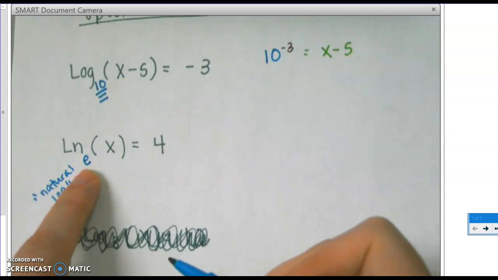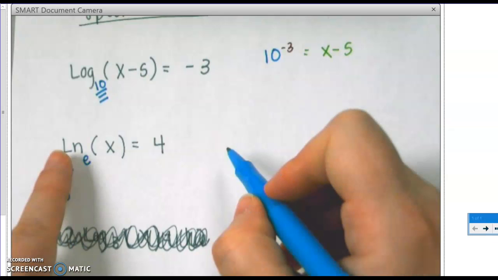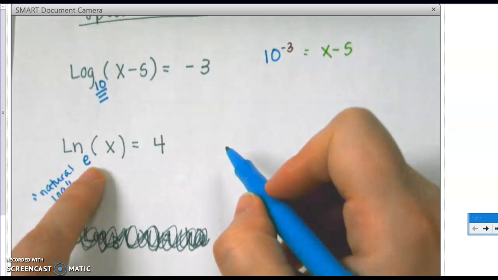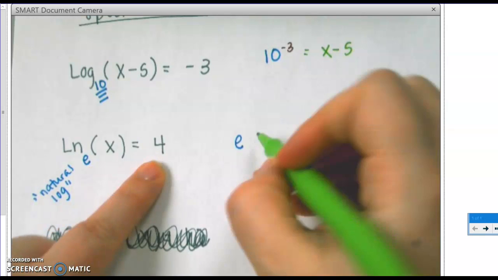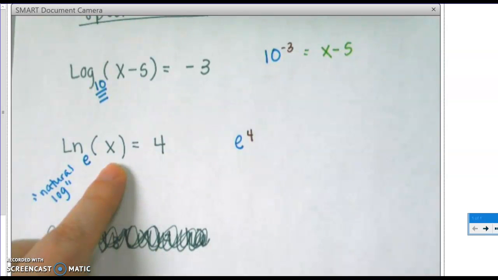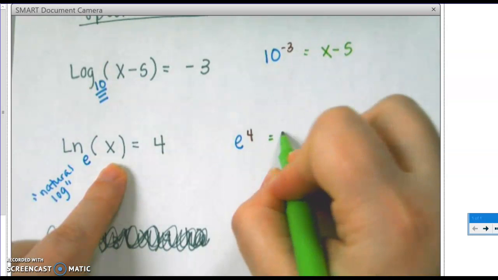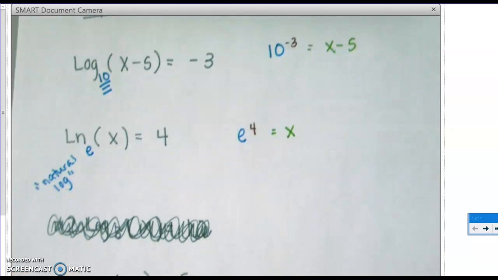So that's a number, that's a button on your calculator. If you're using Desmos, you can just usually type the letter E. But again, it's not there. You have to know that the base of ln is E. So this would be E to the 4th power equals X. So you would just use the calculator or Desmos to do E to the 4th power and see what that gave you.